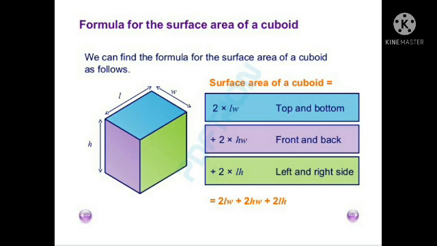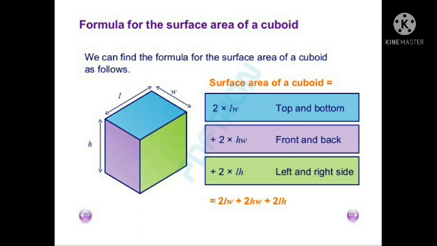It is 2 into length into width plus 2 into height into width plus 2 into length into height, right? On adding these 3, we get the surface area of this particular cuboid. See students, how simple it is? We have just derived the formula for calculating the surface area of a cuboid.